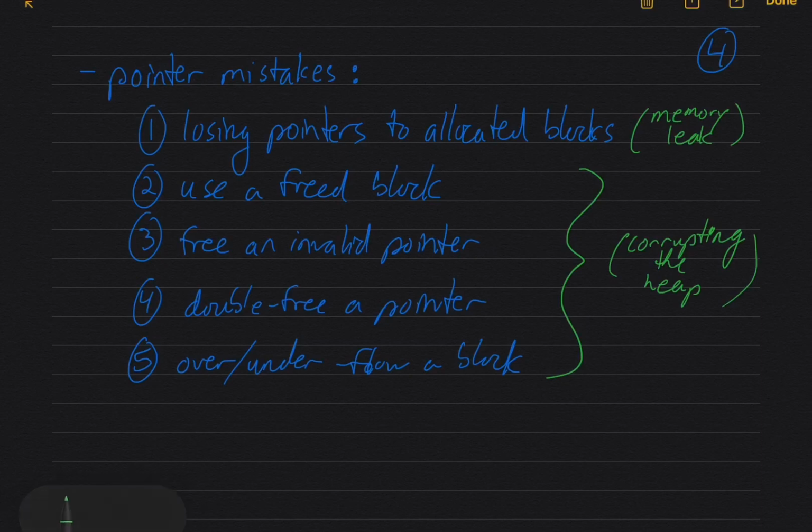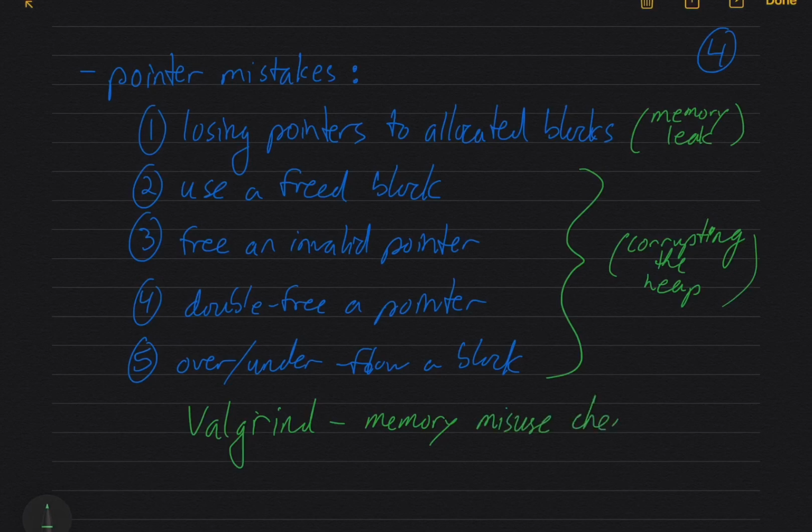So there is a tool out there called Valgrind. The first time I heard somebody pronounce this, I thought they were reading it wrong, but it turns out that this is a term from Norse mythology, and it is indeed pronounced Valgrind. And this is a memory misuse checker.